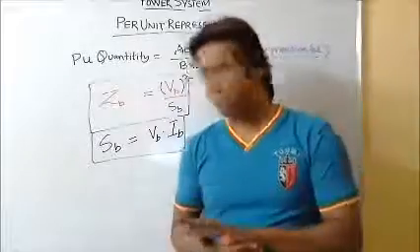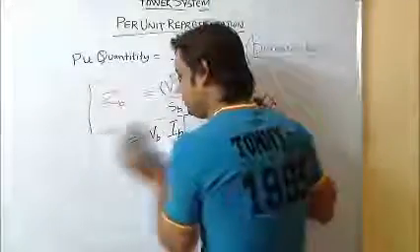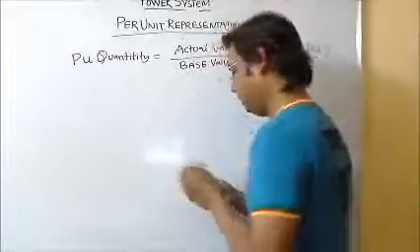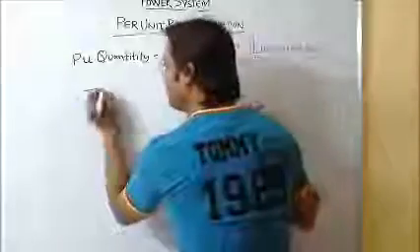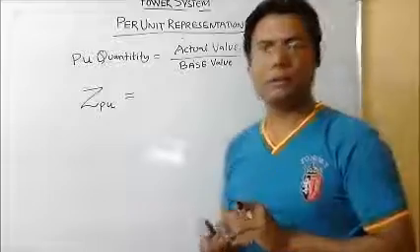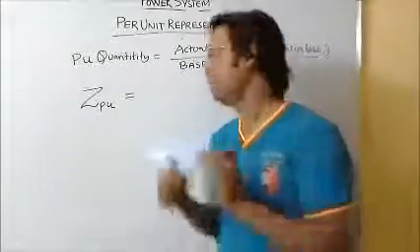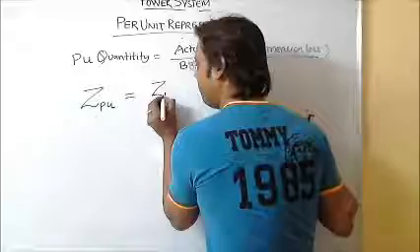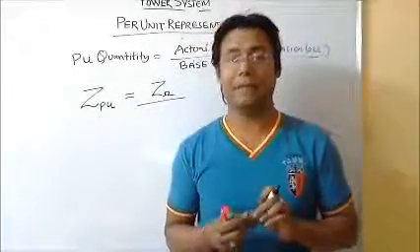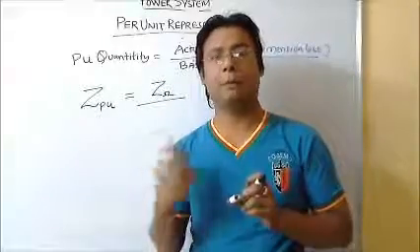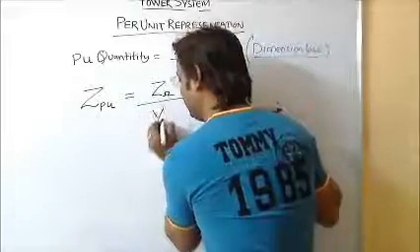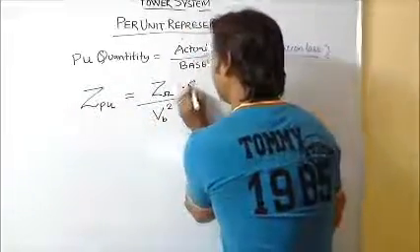We can define Z per unit in a different way now, that is equal to the same thing which we discussed previously, the actual value upon the base value. So Z in ohms is the actual value, and ZB we discussed is VB square upon SB.